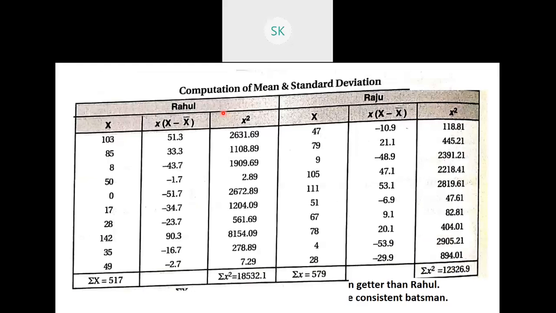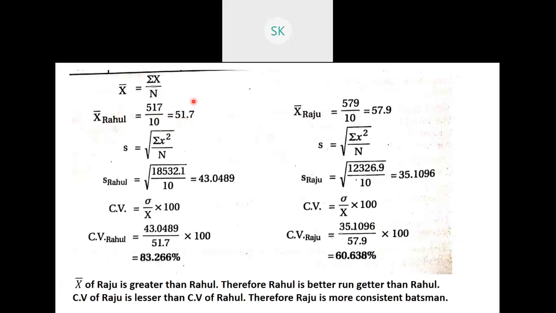We have to use these numbers to find x minus x bar. First let's concentrate on Rahul's arithmetic mean, that is 51.7.